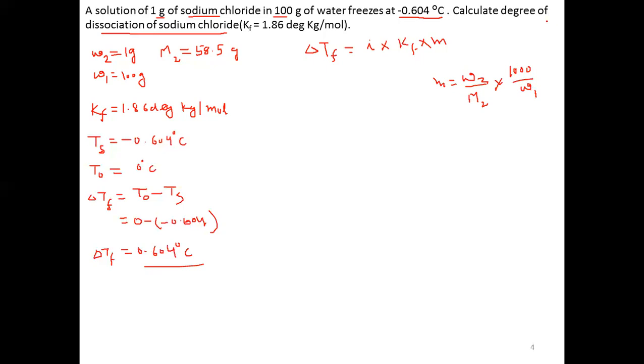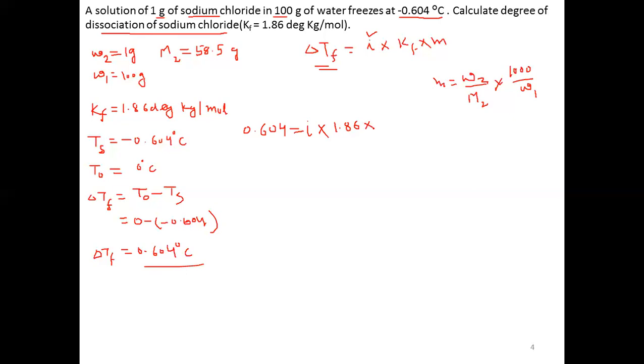So from this we will calculate iota. Let us put the values. Delta Tf is 0.604. 0.604 is equal to iota. We have to calculate Kf. We are given it is 1.86.